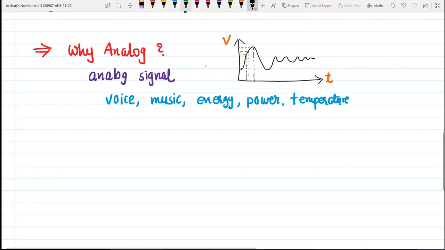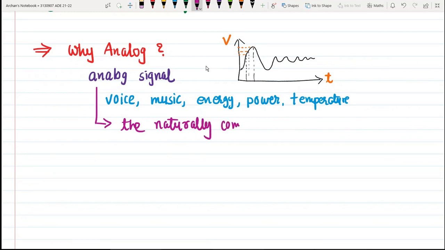So talking about the analog signal, analog signals are the naturally coming signals, right? And they are continuous in nature, you can see.